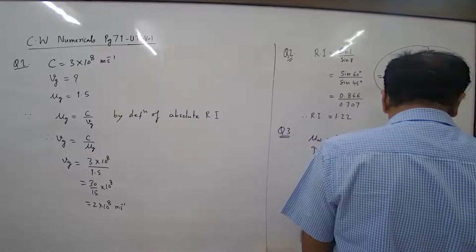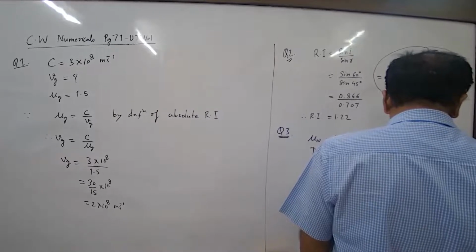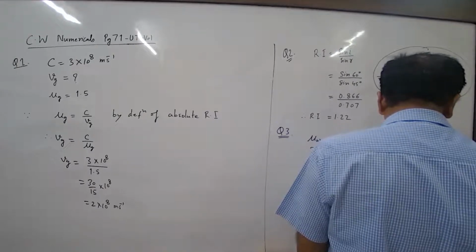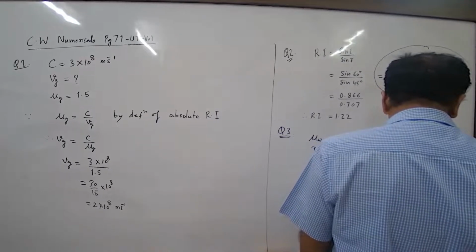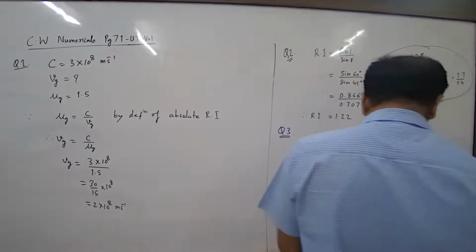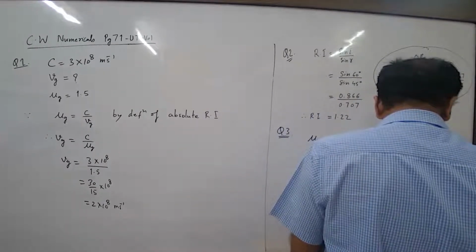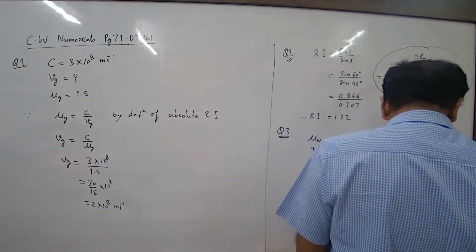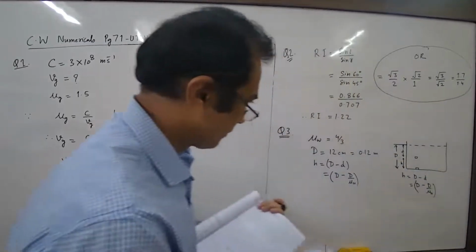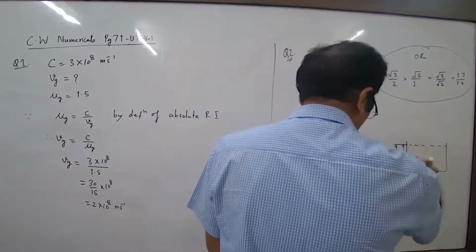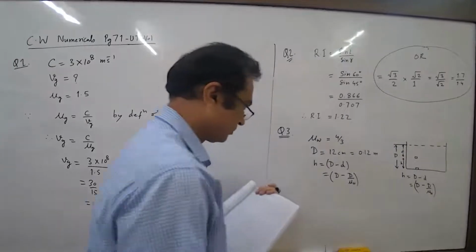This is your apparent depth. So this is the height by which it is shifted. H is equal to D minus d, and small d is given as capital D by mu water. We have done this in theory. So this is the shift of the point, H.